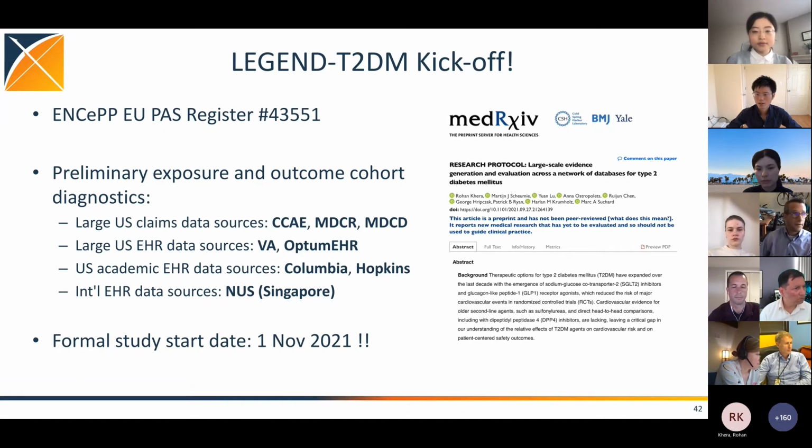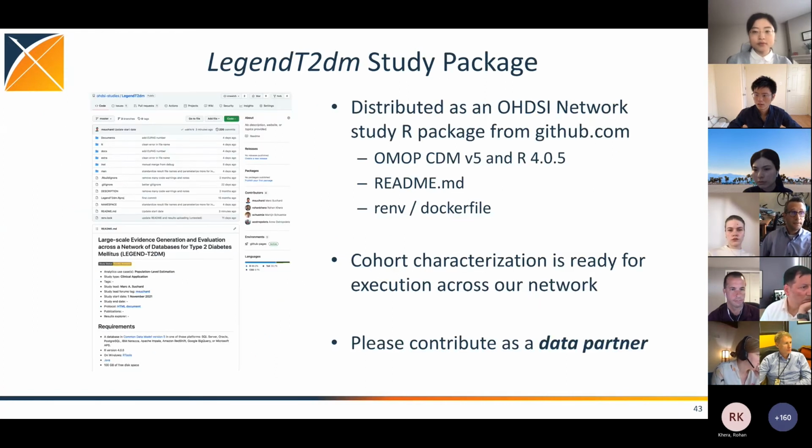So the formal start date for this study, now that we have these diagnostics in hand and we're looking for participants, is November 1st. To participate in LEGEND Type 2 Diabetes, you'll have to use the LEGEND Type 2 Diabetes study package, which is being distributed as an OHDSI Network R study package from GitHub.